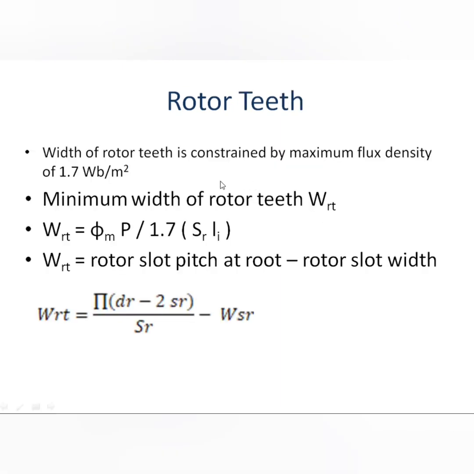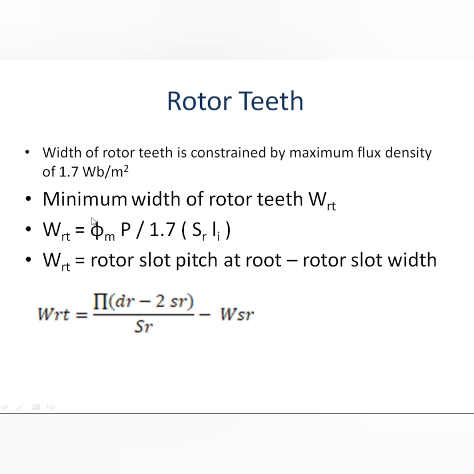The dimensions of the rotor teeth basically have a constraint that the maximum value of flux density should not be greater than 1.7 Weber per meter square. Generally, the slots which we use in a 3-phase induction motor are tapered. So it is observed that at the teeth, the width of the rotor core is very small. So over there the flux density will be very high.